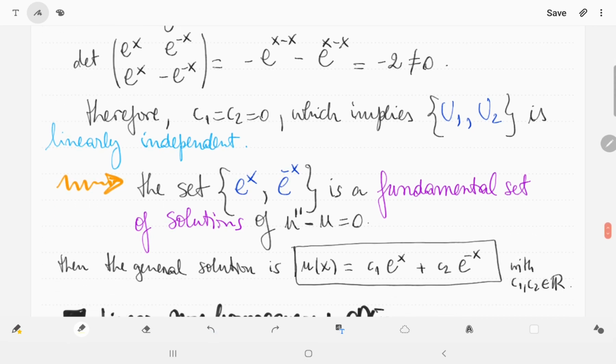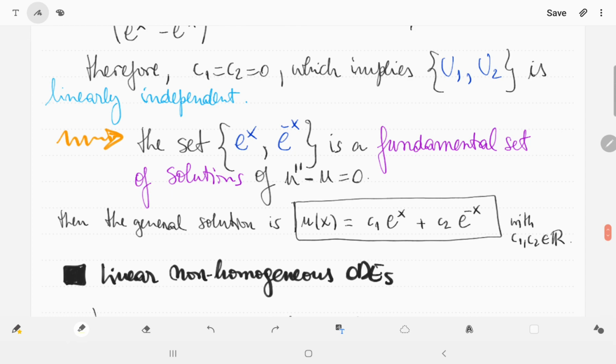So this set capital U1, capital U2 is linearly independent, and that means that our set of little u1, little u2, e^x, e^(-x), is a fundamental set of solutions for our second order linear homogeneous equation.